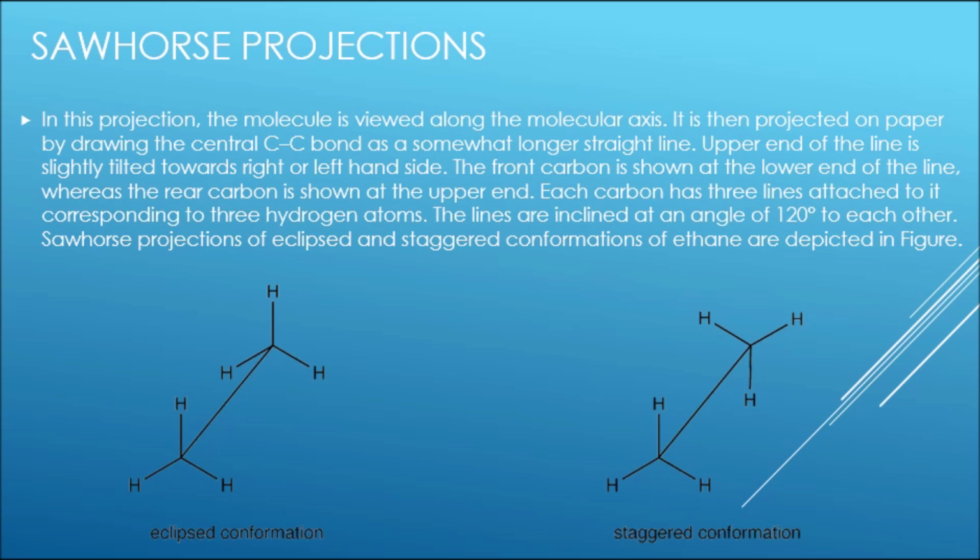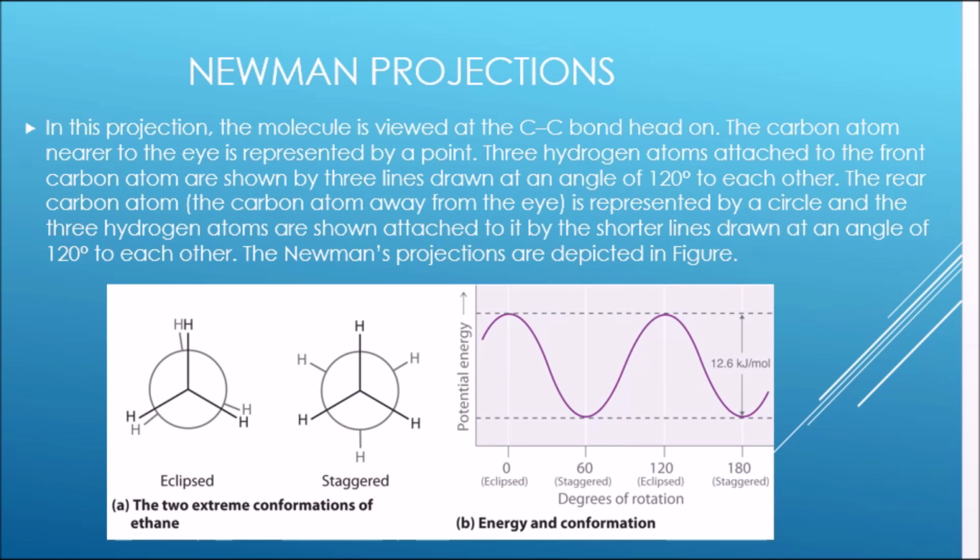Newman's projections. In this projection, the molecule is viewed at the carbon-carbon bond head-on. The carbon atom nearer to the eye is represented by a point. 3 hydrogen atoms, attached to the front carbon atom, are shown by 3 lines drawn at an angle of 120 degrees to each other.